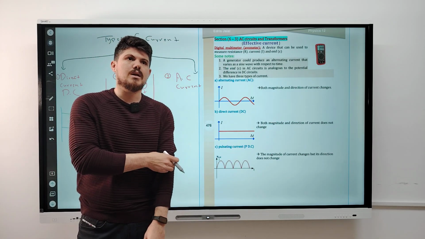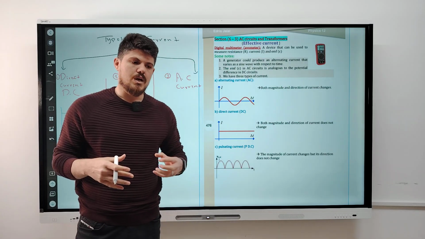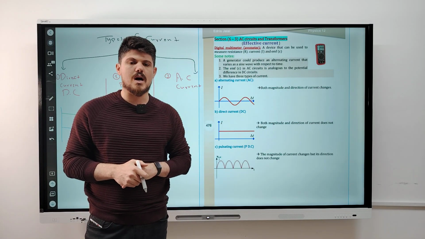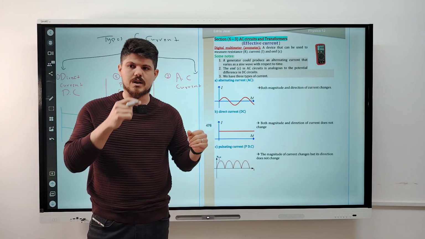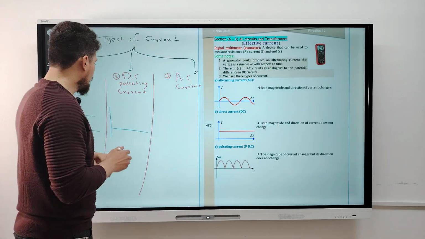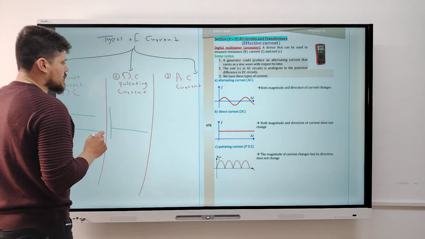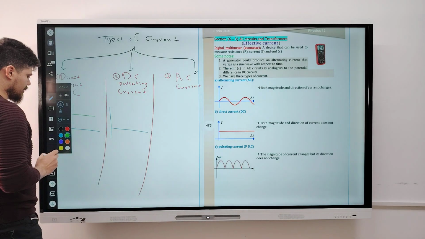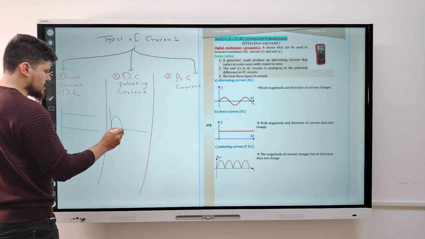So by using many loops and many commutators, we can achieve a little pulsating current. How can you reduce this pulsating of the current? By using many loops and many commutators. In DC pulsating current, like DC generator, the direction of the current doesn't change.